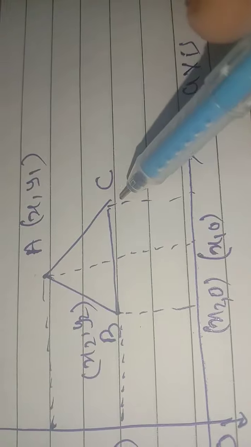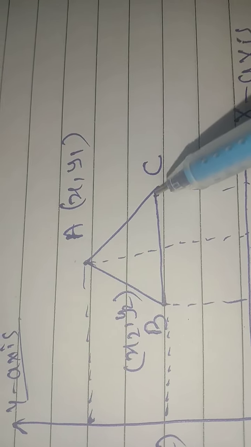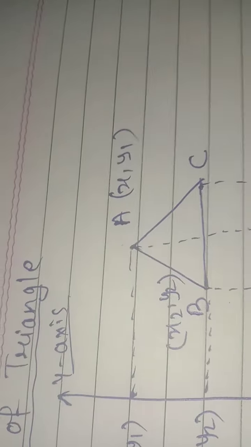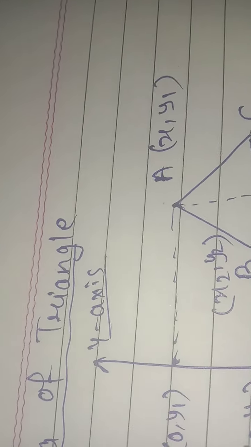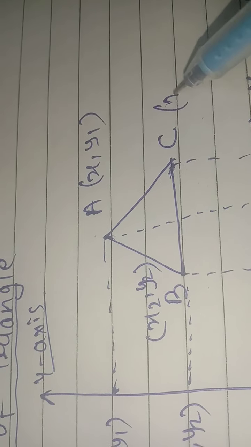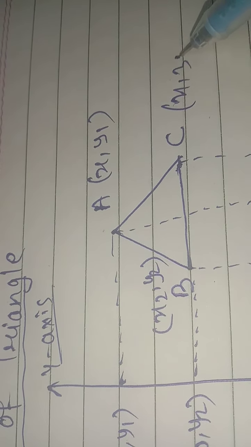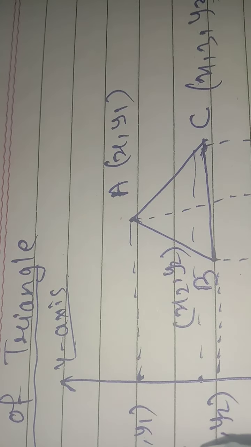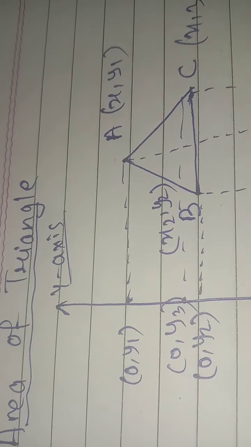Similarly for the vertices C we have x3 0 and 0 y3, and the coordinates of C will be x3 y3.